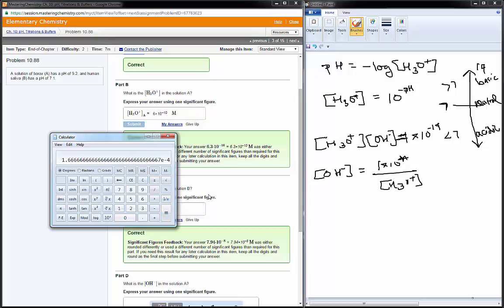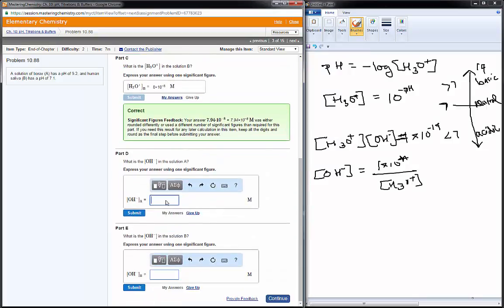That gives me 1.7 times 10 to the minus 4th.